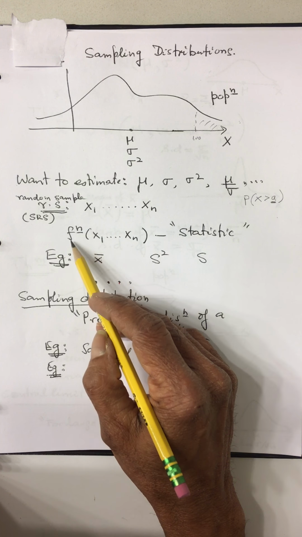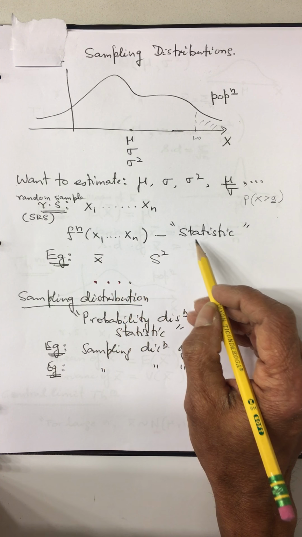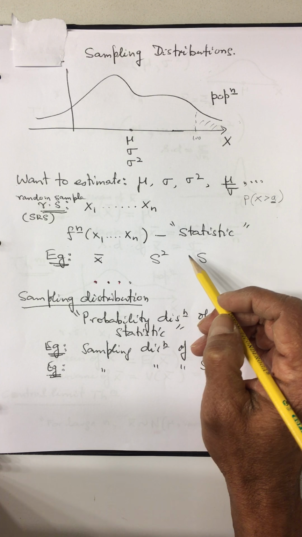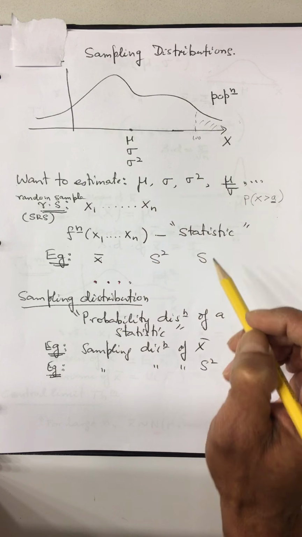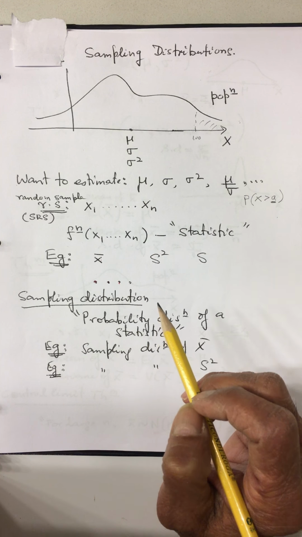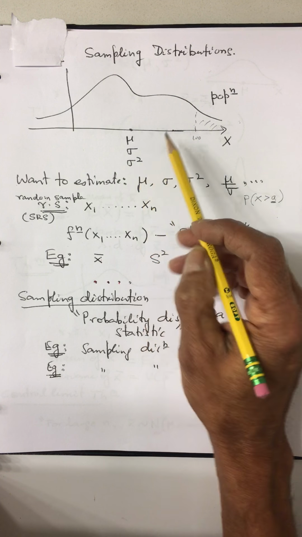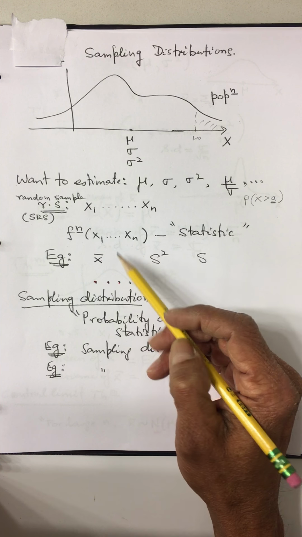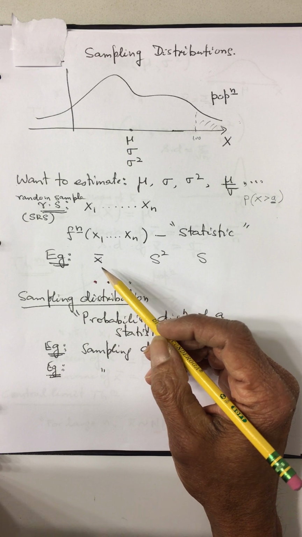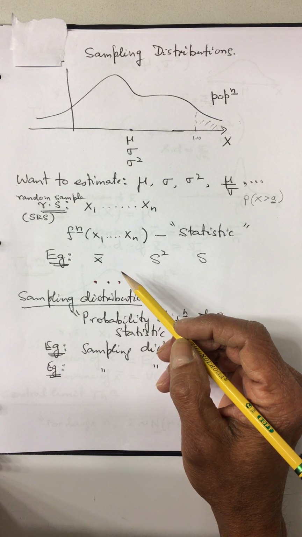Any function of your random sample is known as a statistic, the quantity you calculate from your sample. So if you are interested in estimating mu, x bar could be a good estimate. Or if you don't like x bar, maybe you can look at the median.